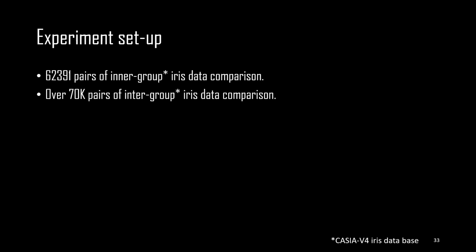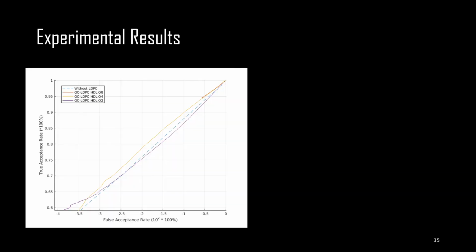The first group helps us generate the true acceptance rate, and the second group of pairs helps us generate the false acceptance rate.